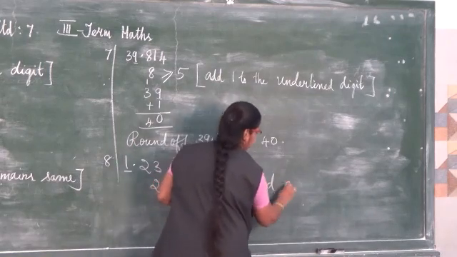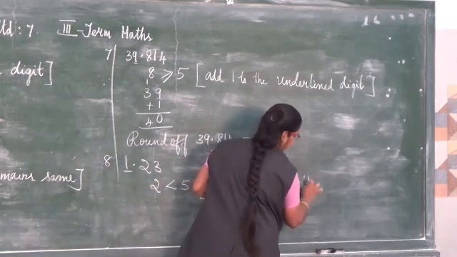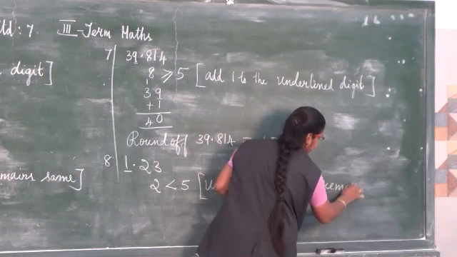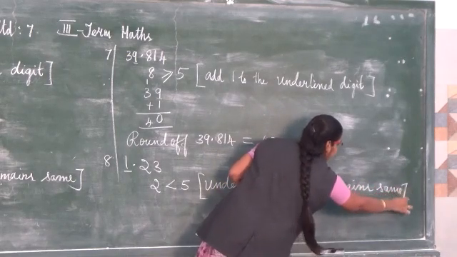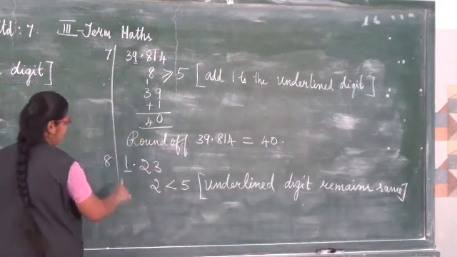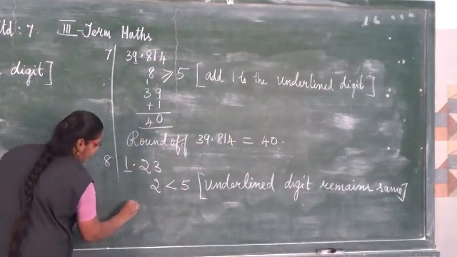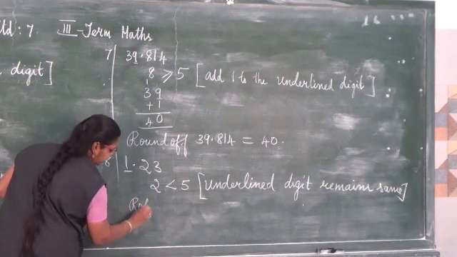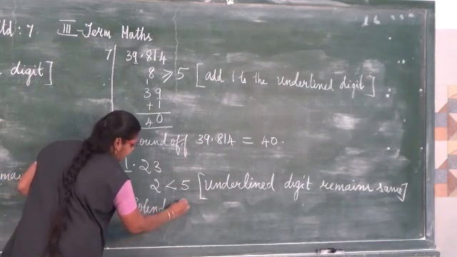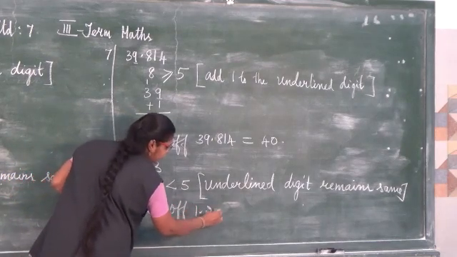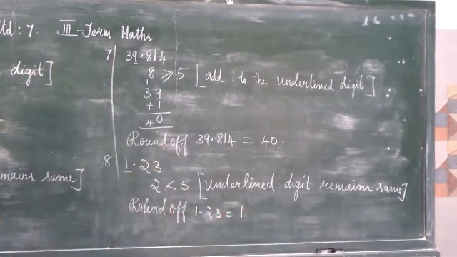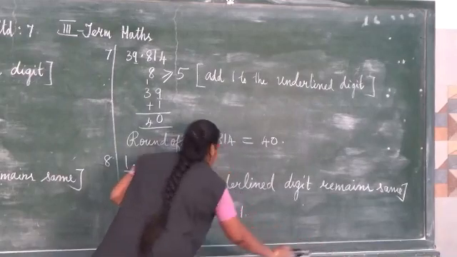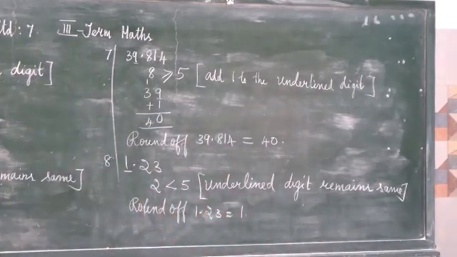It remains the same. So round off 1.23 is equal to 1. 1 is the answer. Now we will go to the second Roman number.